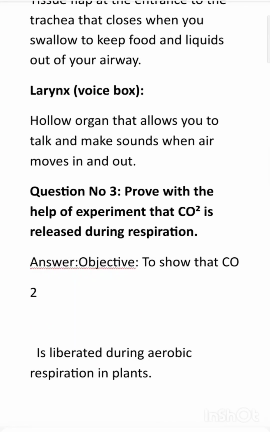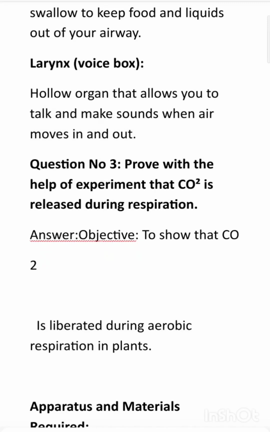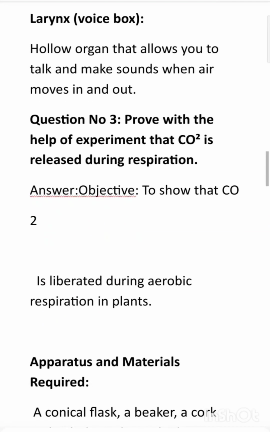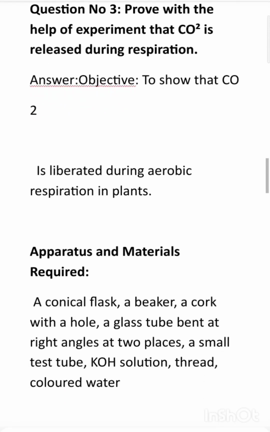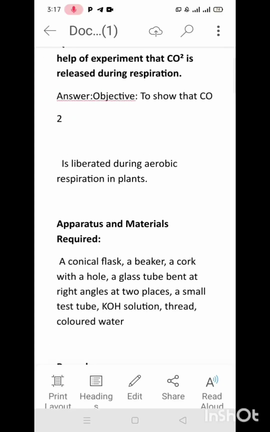Question number 3. Prove with the help of an experiment that carbon dioxide is released during respiration. Answer. Objective: to show that carbon dioxide is liberated during aerobic respiration in plants.